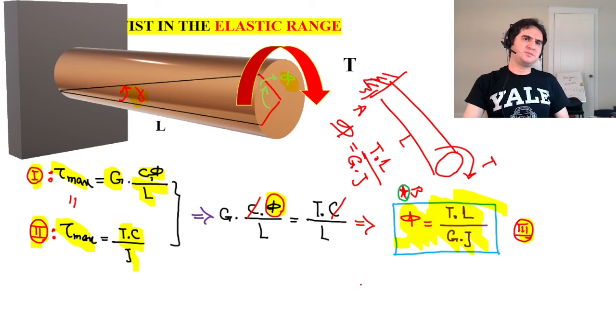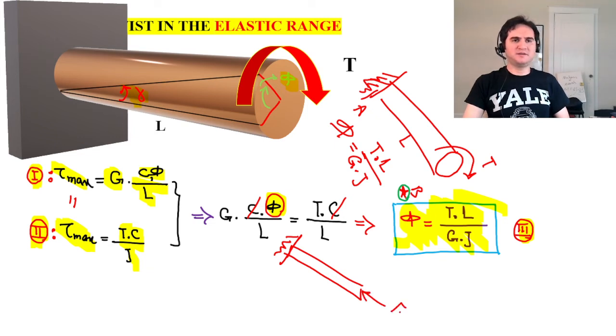If you remember, when we have a cantilever beam handling an axial force of F or N, delta was N times L over EA.